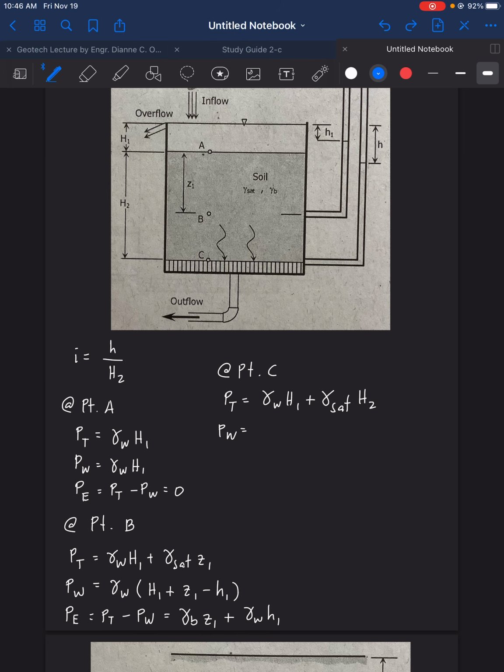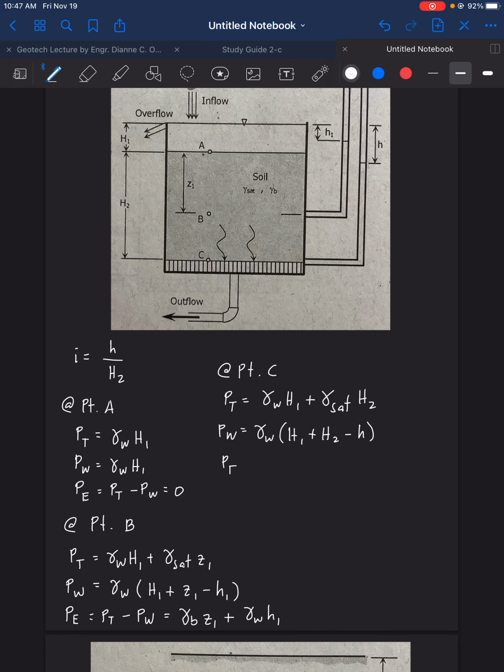The H that we need for point C is this one here, from the water level of this tube up to the point C. So how do we get that H? We have gamma of water times H1 plus H2 minus the small h. So that's how you get the value of H. Okay.